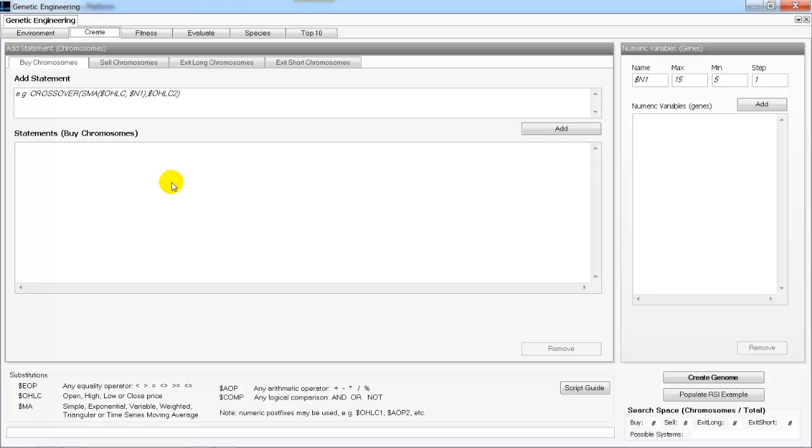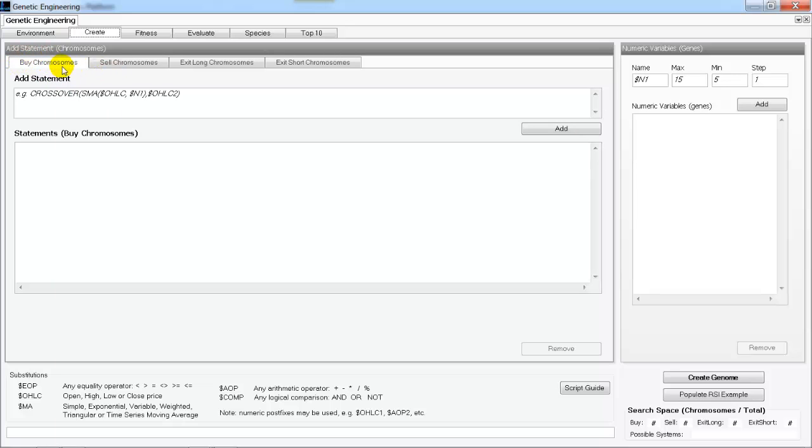So I've chosen a way to give you much more flexibility on how to implement your genetic genome here. Each genome or population of different genomes consists of 4 types of chromosomes.